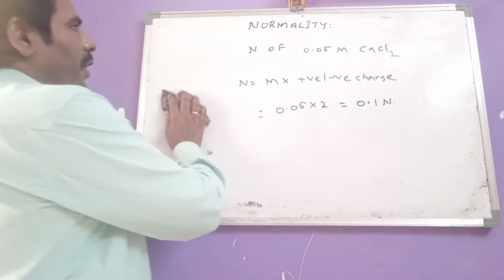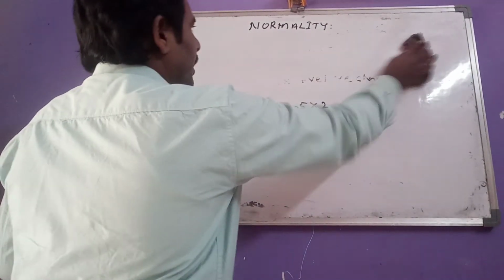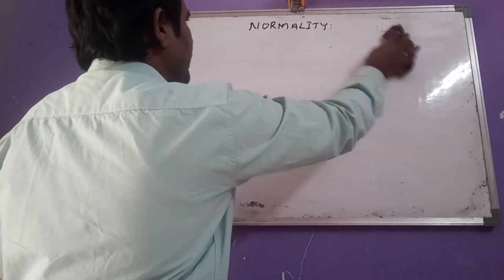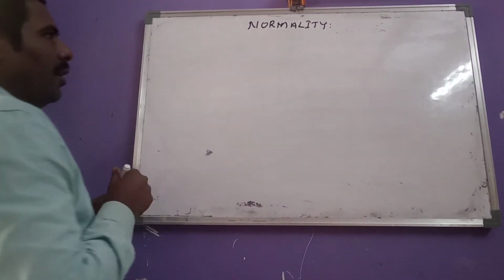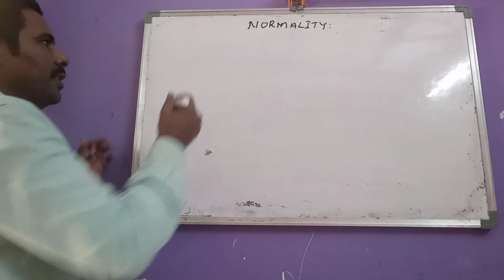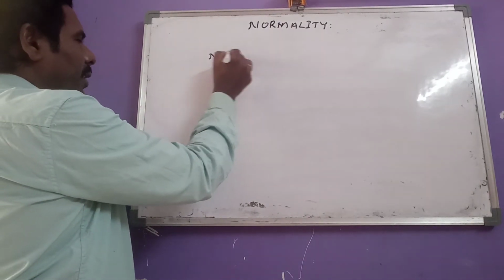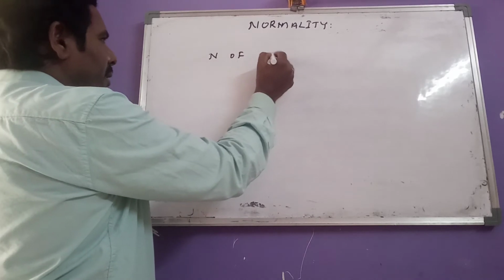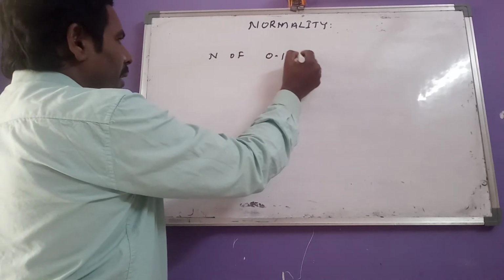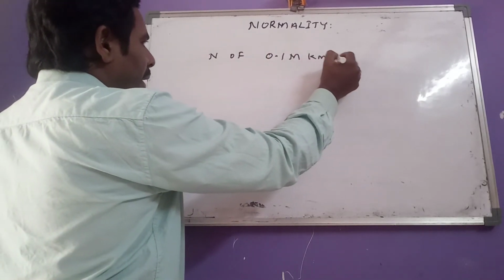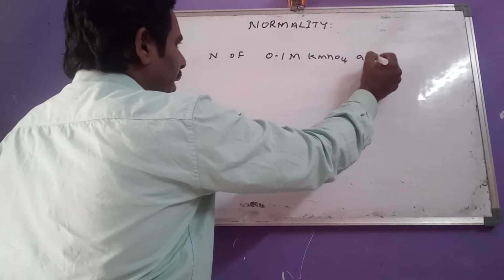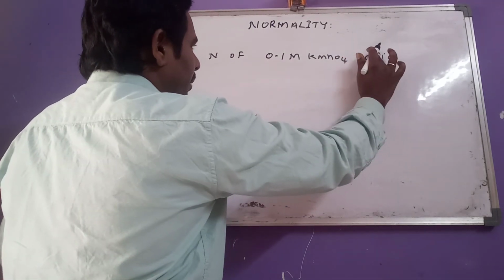Now for oxidizing and reducing agents, I give one example. What is the normality of 0.1 M KMnO4 in acidic medium?